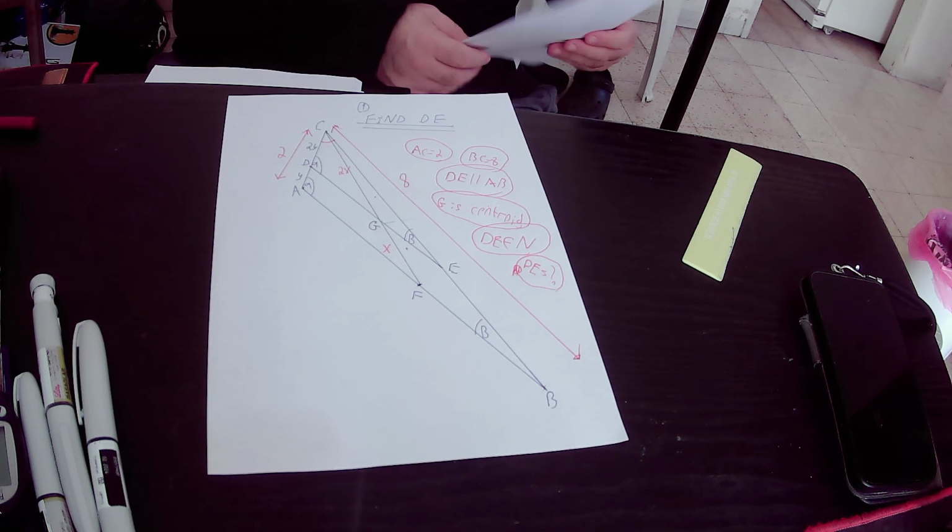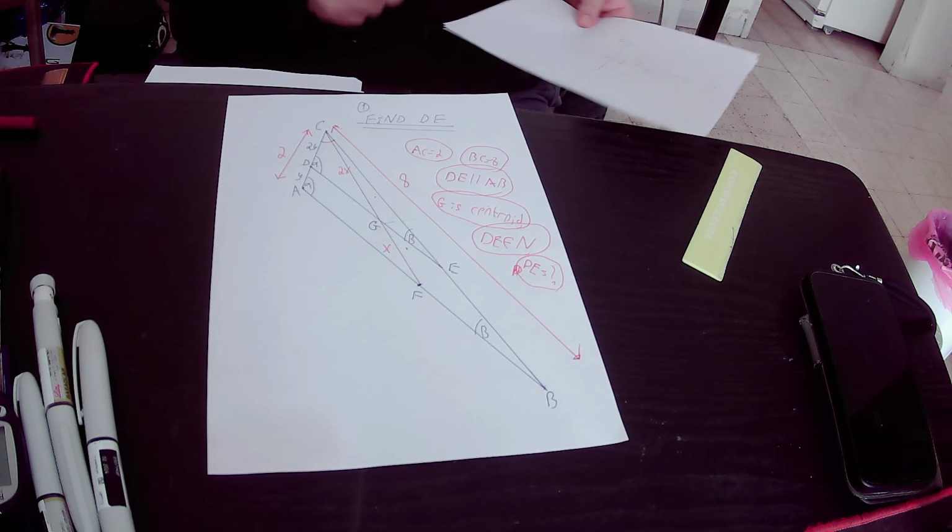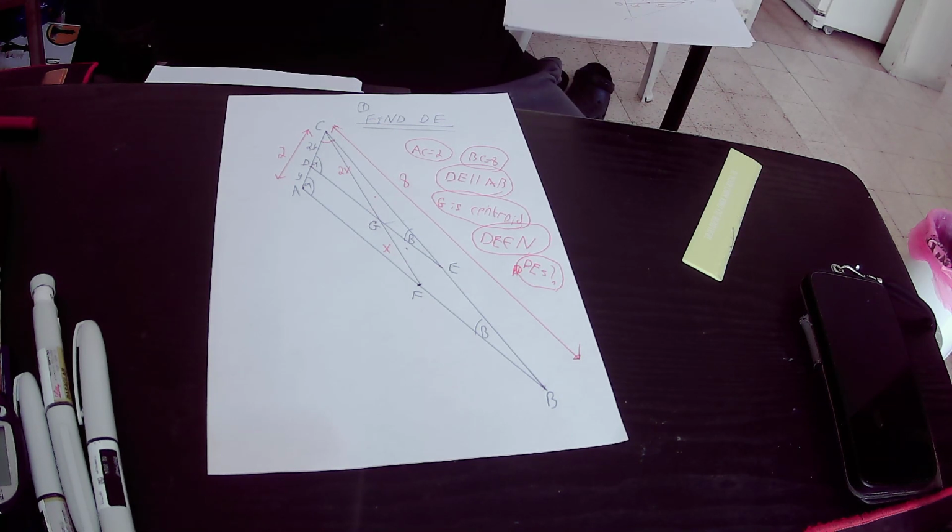What is the centroid of any triangle? The centroid is the point where the medians of the triangle intersect each other.